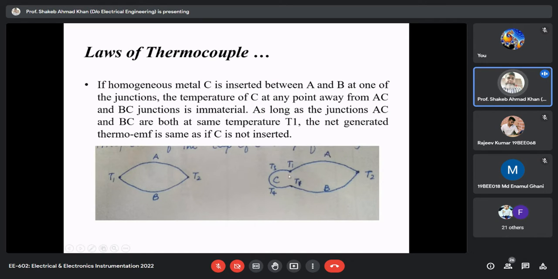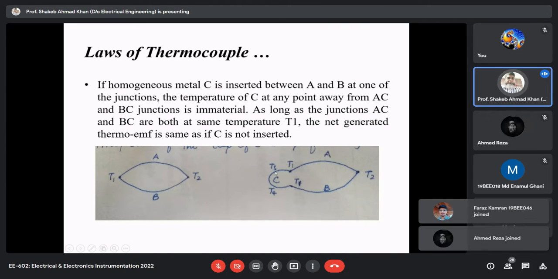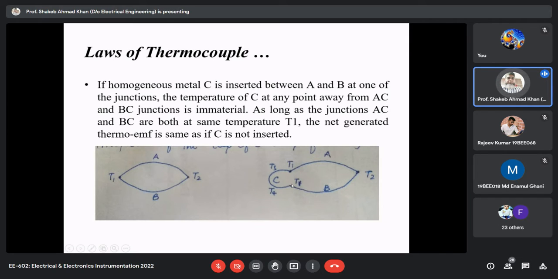One will be between A and C, another between B and C. We are actually splitting the original junction into two junctions. If these two junctions are maintained at the same temperature, that is T1, then again your output, your EMF, will remain the same.